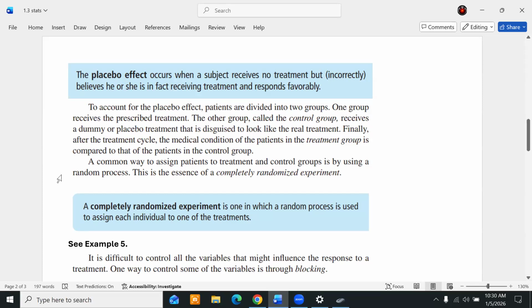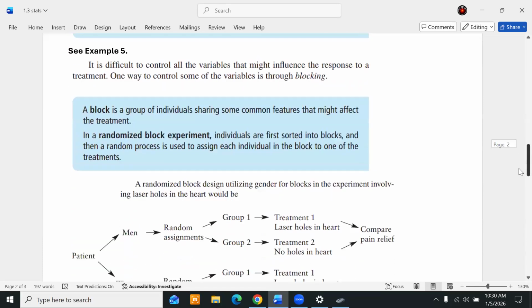This is the essence of a completely randomized experiment. A completely randomized experiment is one in which a random process is used to assign each individual to one of the treatments. Take a look at example 5 in this section in your textbook.